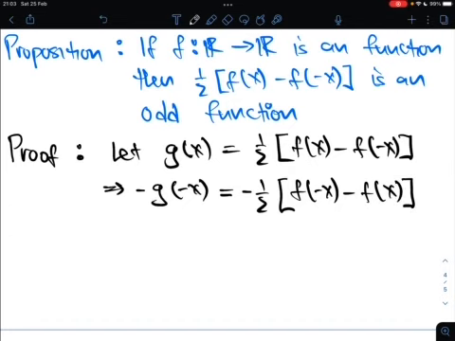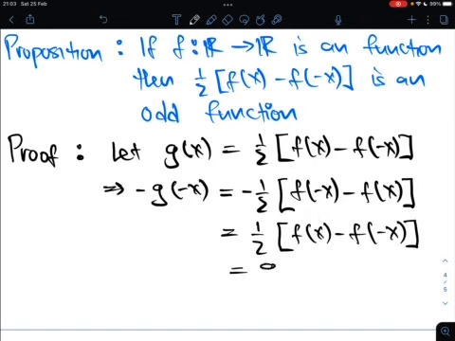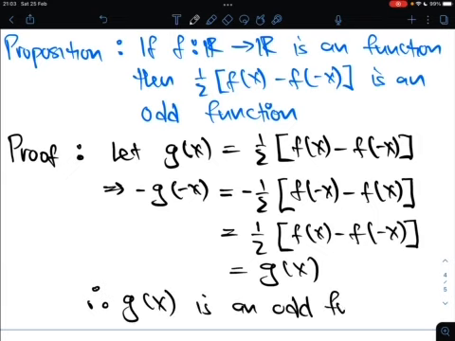Then the negative that is inside, I'll pull it out, and it will cancel the one sitting outside, and I'll just get half of f of x minus f of minus x. But this is none other than g of x. Therefore, we can see that g of x is an odd function.